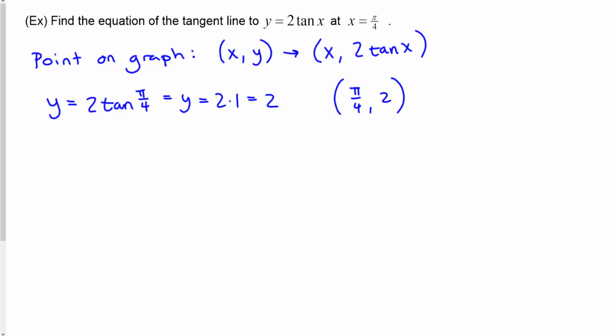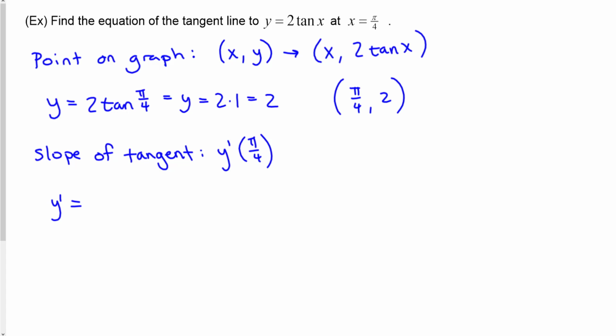All right, so that's half of the things that we need for a line. So we need a point on the line, but we also need the slope of the line. The slope of a tangent line comes from the derivative. So the slope of the tangent is going to be the derivative evaluated at pi over 4. So let's begin getting the derivative function. So y prime, so 2 tan x.